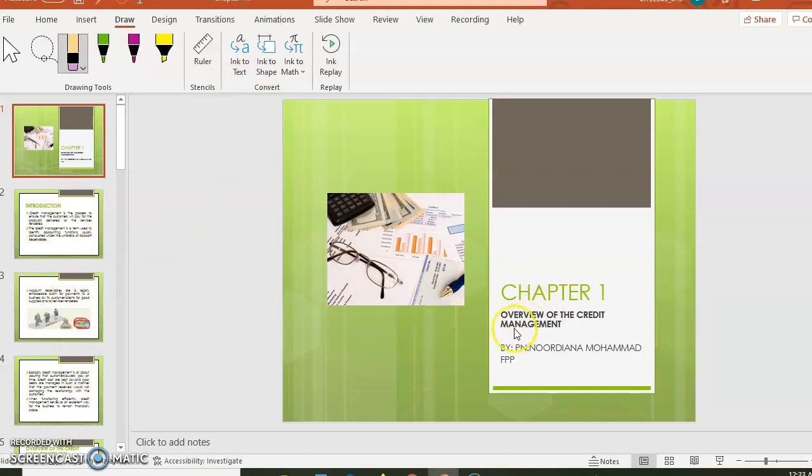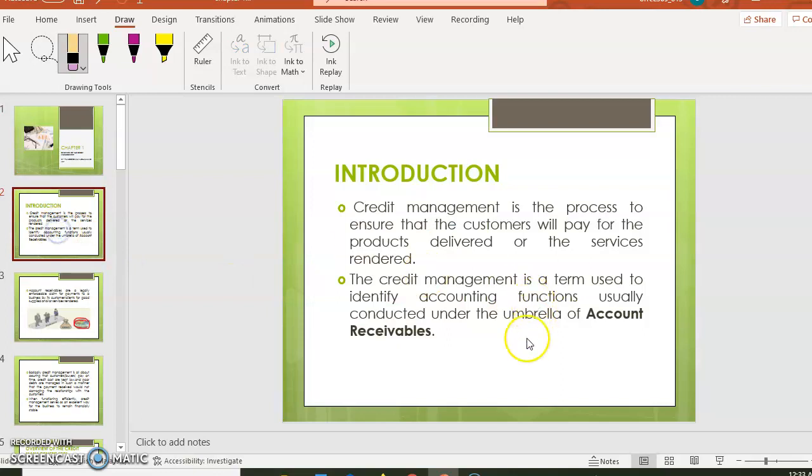So this is my simple slide. Most of the wording, most of the contents, I actually took from your textbook, Credit Management, written by Muhammad Shamli Salisi. I'm not actually copying this book.